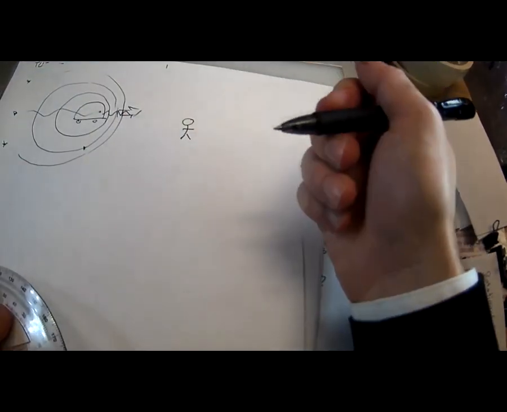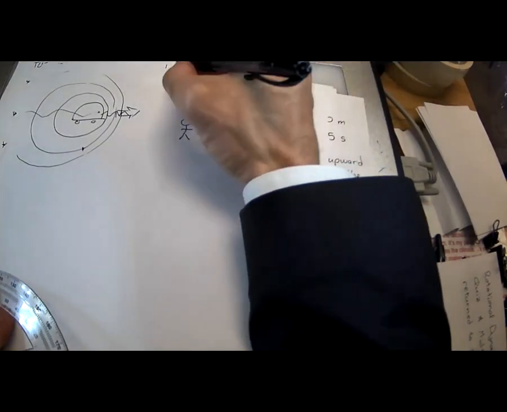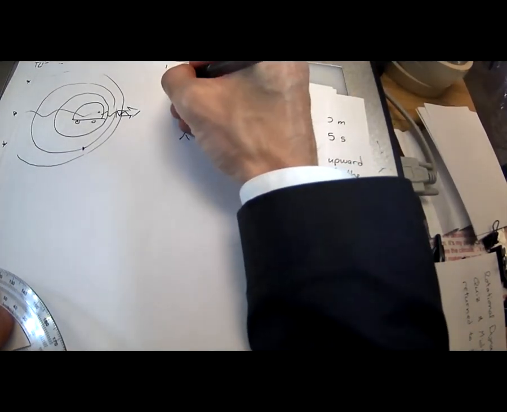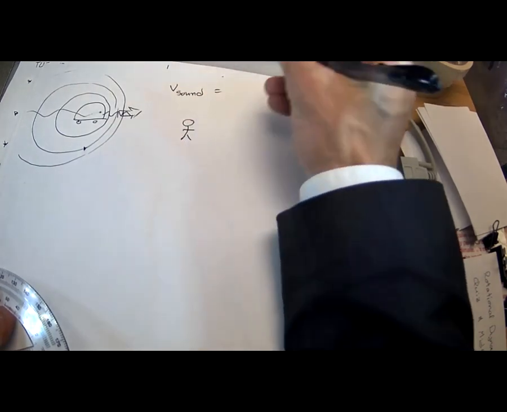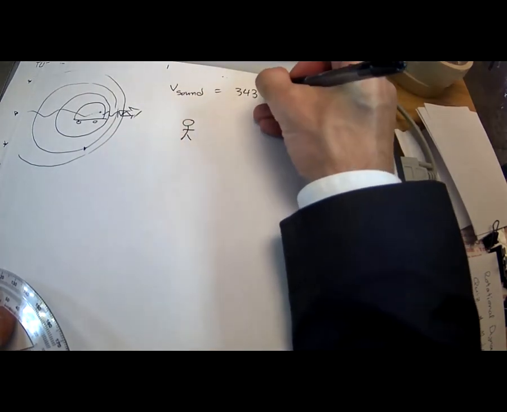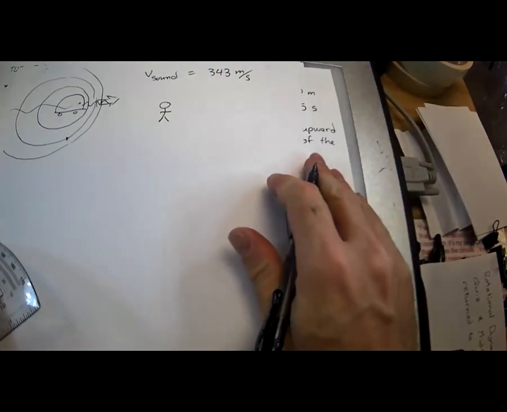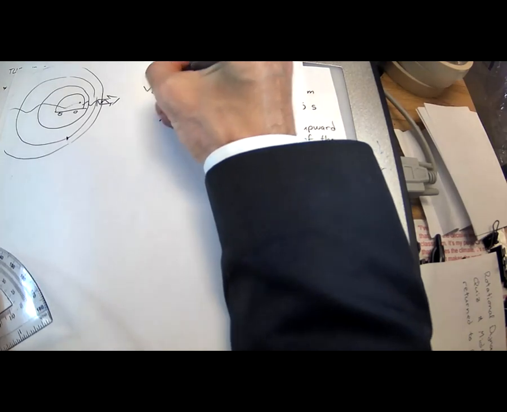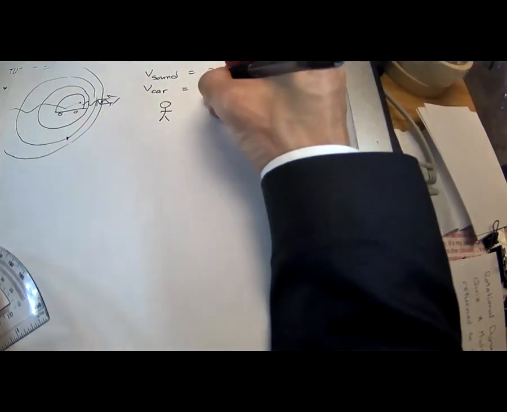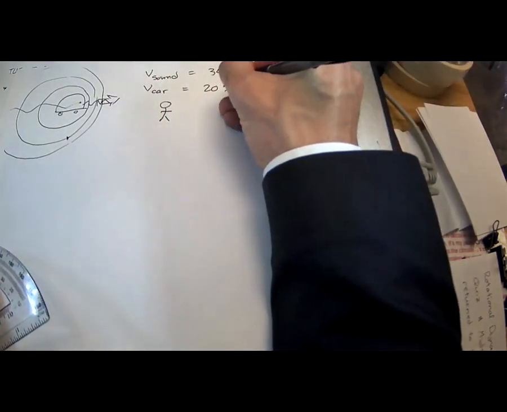To give you some numbers, let's say the speed of sound, we're going to use 343 meters per second, a pretty common textbook value. Let's say the speed of the car is 20 meters per second.